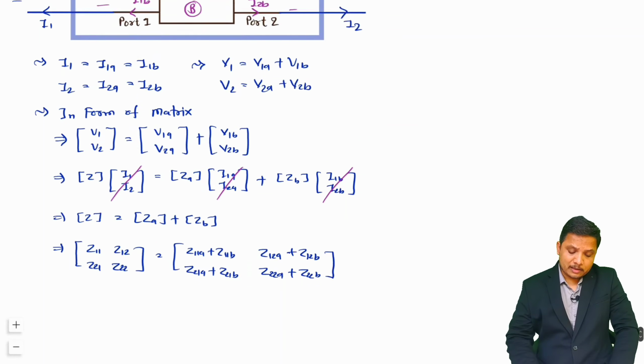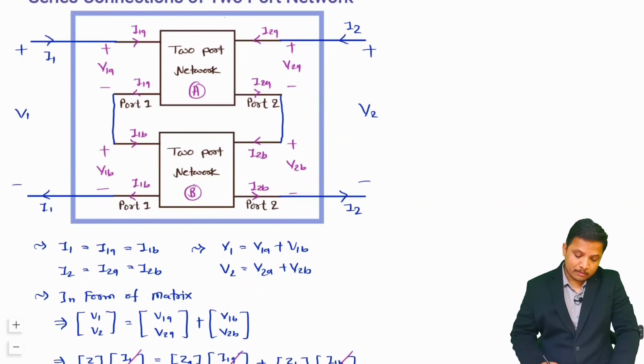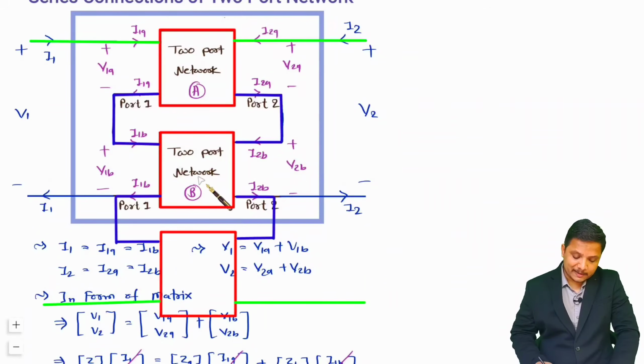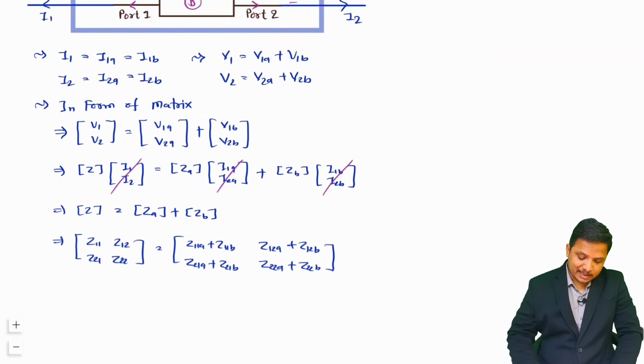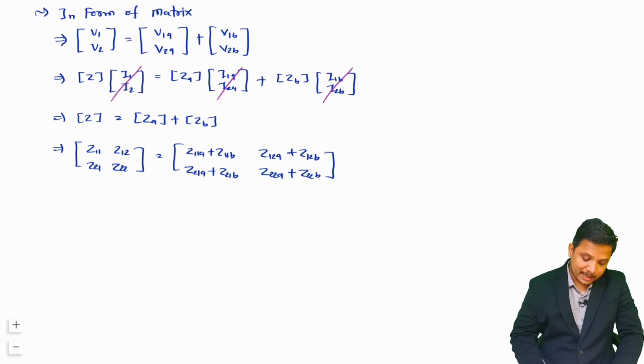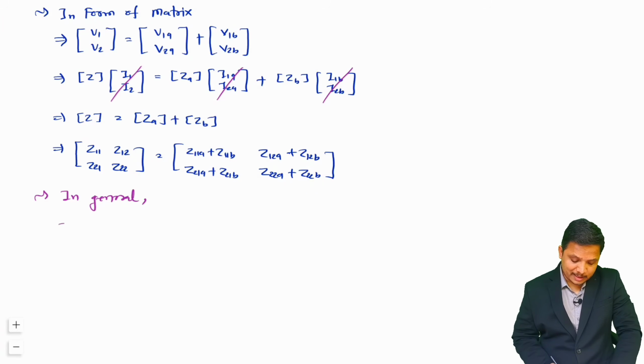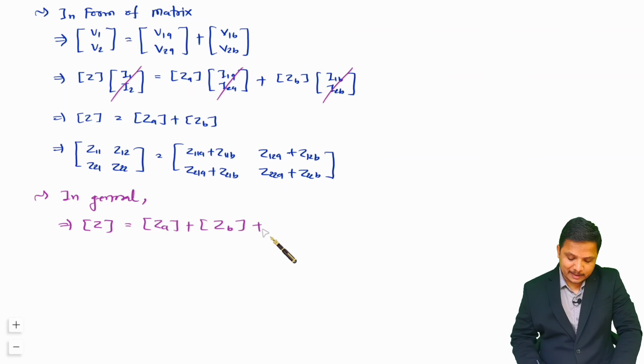Now if you have multiple two-port networks connected in series, we can write a generalized formula. In general, for series connection, the equivalent Z parameter is the algebraic sum of the Z parameters of the two-port networks connected in series.